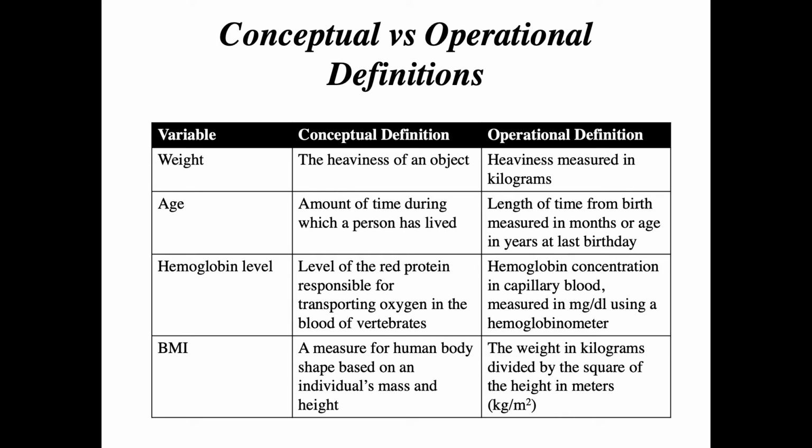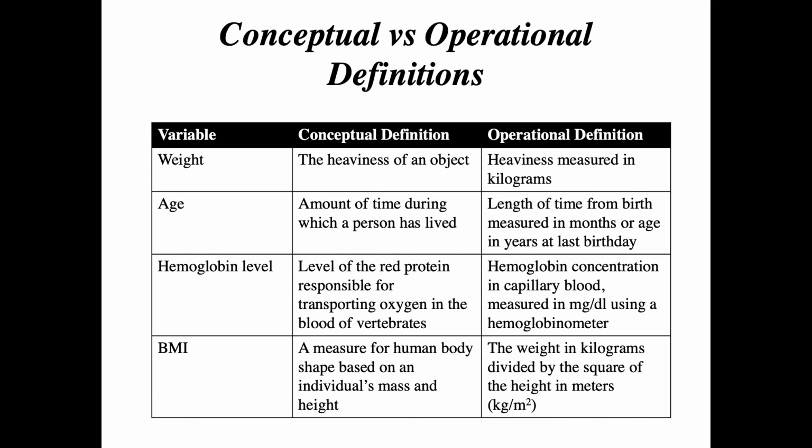Now, how about age? Age is conceptually defined as the amount of time during which a person has lived. But again, you have to quantify this once you start collecting your data in your actual research. So you actually have to have a more detailed definition that would give you a more accurate measurement of what age is.